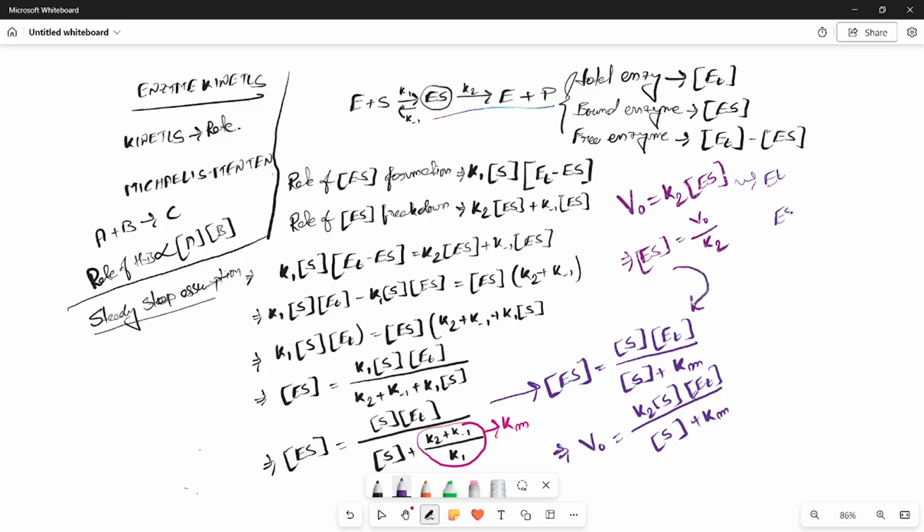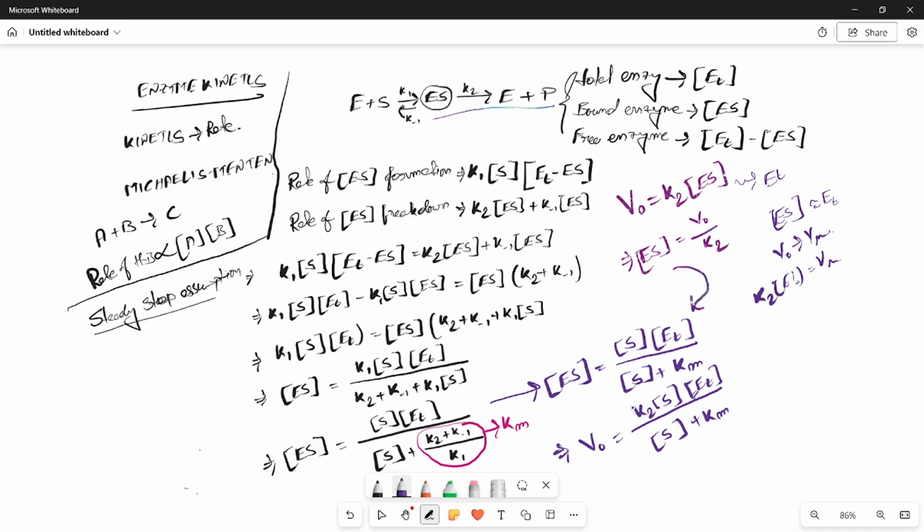If the bound enzyme concentration is nearly equal to the total enzyme available, then this V naught will be the maximum velocity, that is Vmax. Then K2 ET will be Vmax, because the bound enzyme reaches the maximum concentration of the substrate.